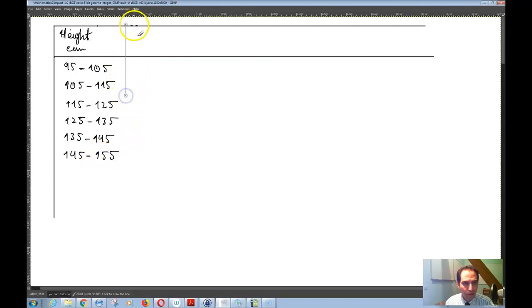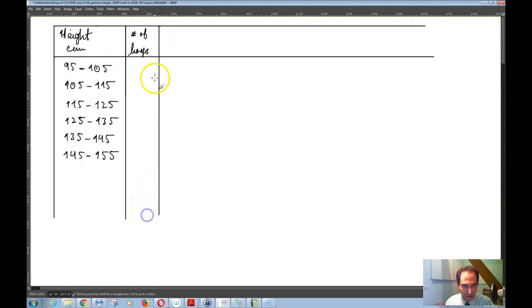And then these are the frequencies, so the number of boys that had these heights. So this is the frequency of those classes, f of i, which is 9 and 13, which is 20 and 26, and 30 and 12 and 10.